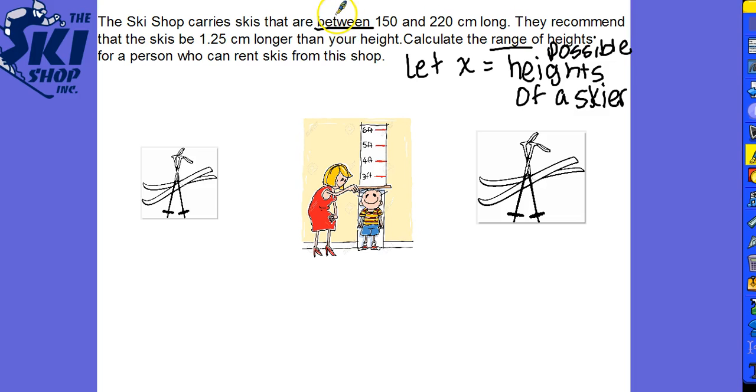And since we see the words between, okay, the skis are between, what's the smallest measurement? Because that'll be the furthest to the left, the bottom of the range, 150 centimeters. And the largest are 220.